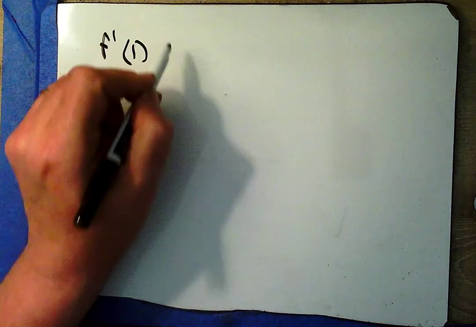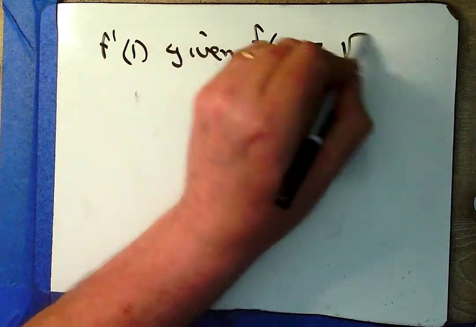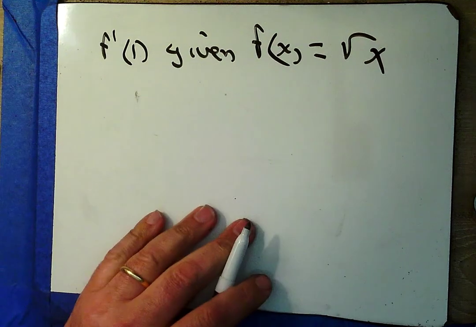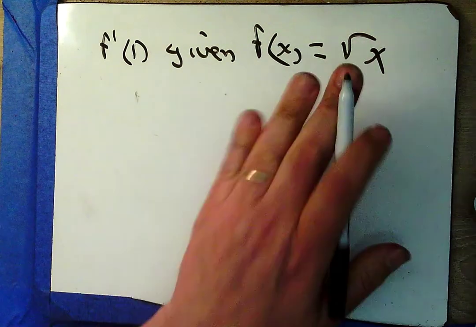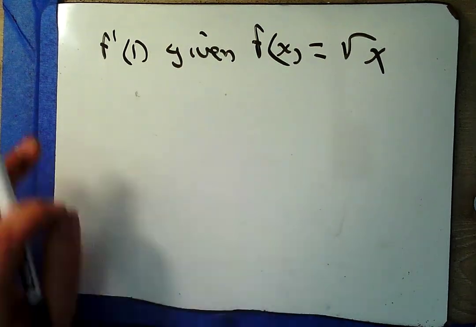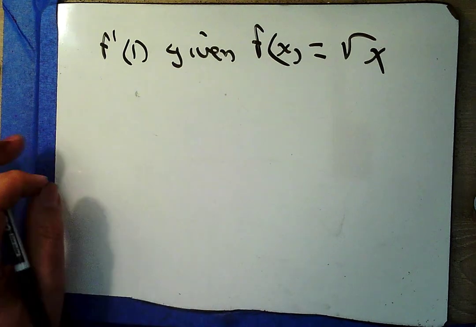Okay, next. Find f prime of 1 given f of x equals square root of x. And I don't care how you do it. Okay, find f prime of 1 given this f of x. And when I say I don't care how you do it, what I mean is I don't care which limit definition of the derivative you use.